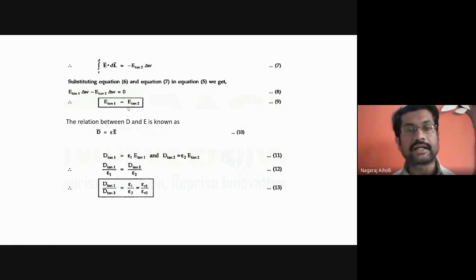That is, the electric field intensity is continuous because the tangential component of the electric field intensity is equal in both the regions. Hence, we say that the electric field intensity E is continuous at the boundary between the two dielectric media. Correct? We got this equation.